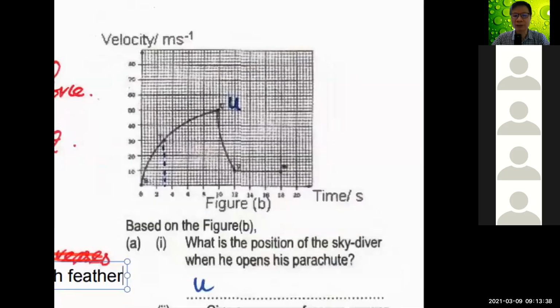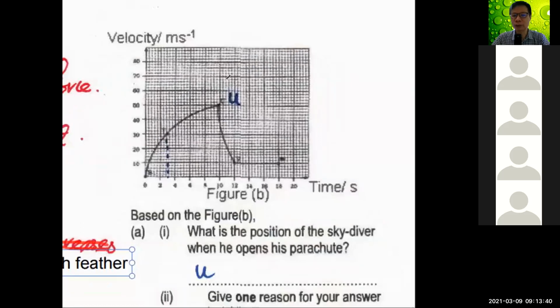Now they ask you to explain why you choose U. Andrew, since you gave the answer U, can you explain why you choose U? SPM question, no. The first one is very simple. You see U. The second one, they ask you to explain why you choose U. Because the velocity of the skydiver is decreasing.